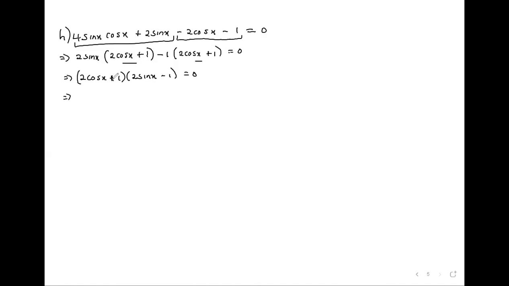There I will do a negative 2. There is 4 sin x in the question. Yes, it is supposed to be 4 sin x cos x. Then we are dividing it by 2 sin x. This sin x will cancel that one.